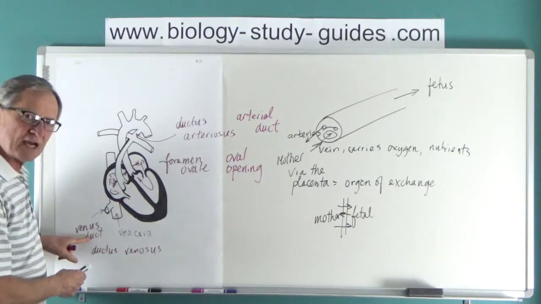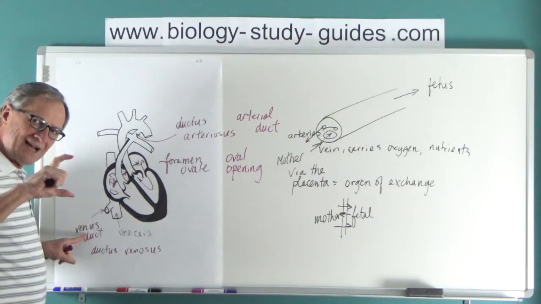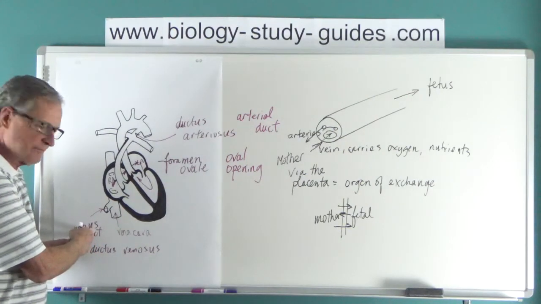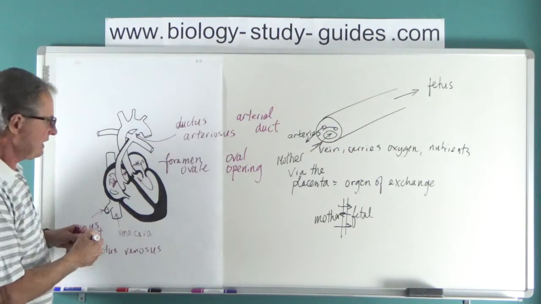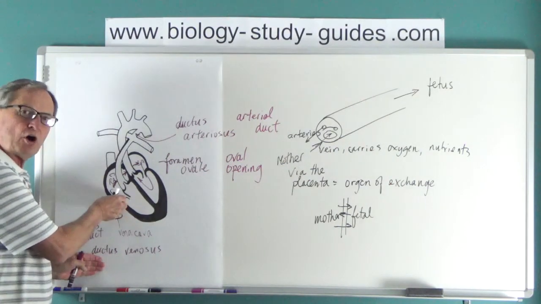And this venous duct is actually a small duct through the liver, so it bypasses the function of the liver. The blood will come into the baby and, without being treated by the liver, it'll go into the heart.